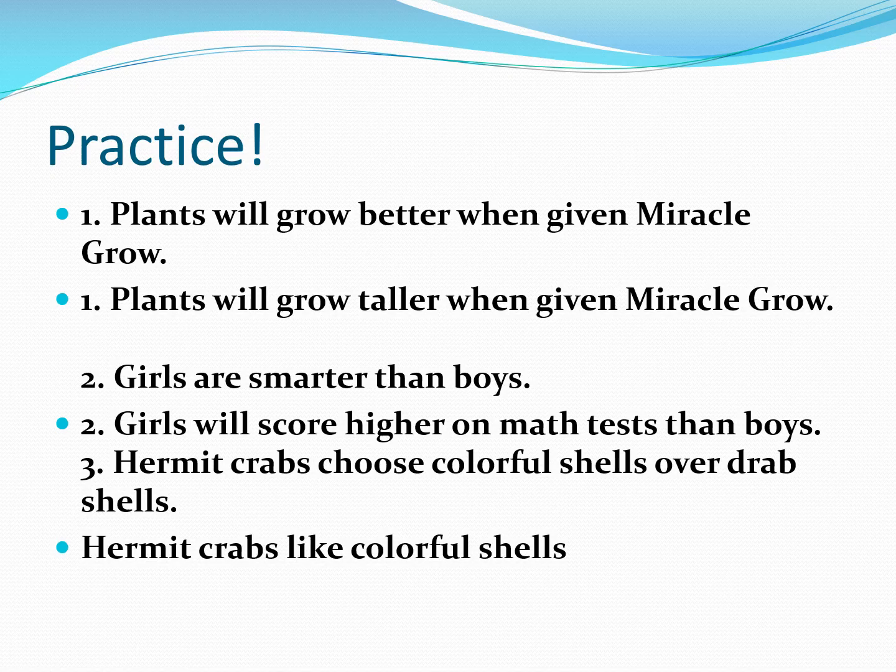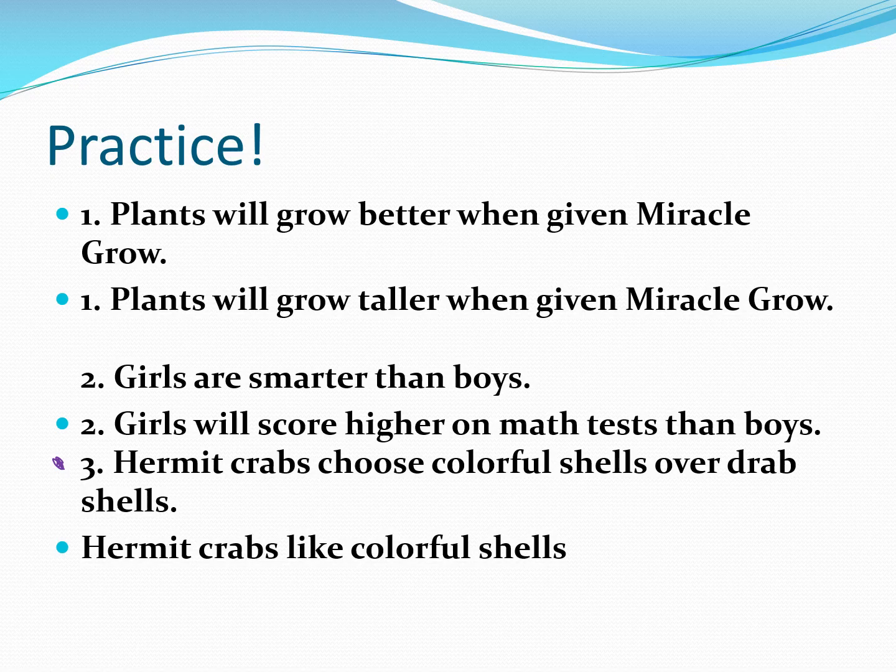Hermit crabs like colorful shells is not a hypothesis. There's no if part. There's no experiment. In this one here, you know that I'm going to take the hermit crabs and put them in an aquarium with a bunch of different types of shells in it, and I'm going to look to see where the hermit crabs tend to go.